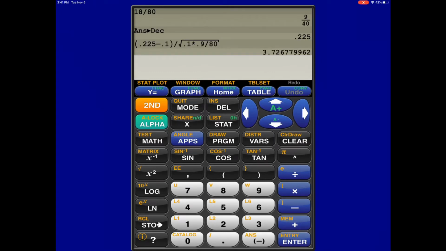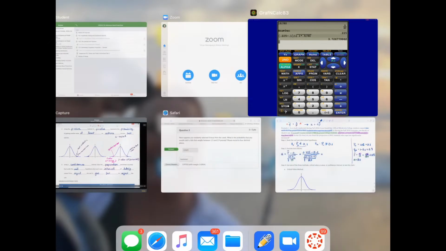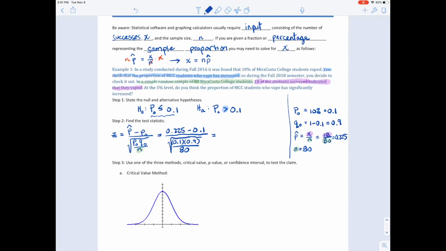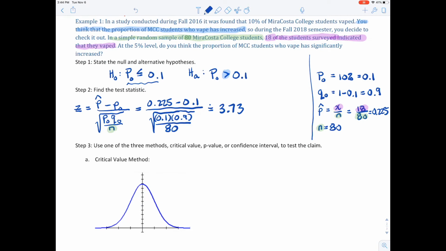And we get approximately 3.73. Remember, with z-scores, we just go to the nearest hundredth. Okay, so now we have our test statistic.